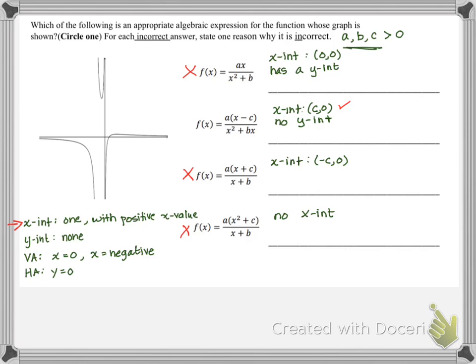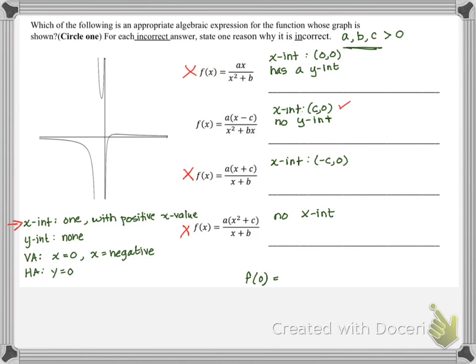So what about the third one, or sorry, the fourth one? What is the y-intercept there? Oh, I'm sorry, we are on the third. What's the y-intercept of the third one? A times c over b.